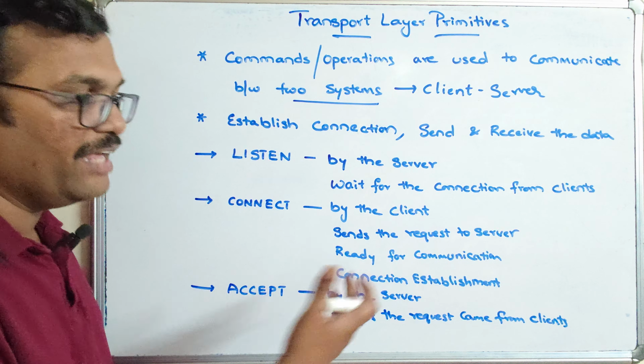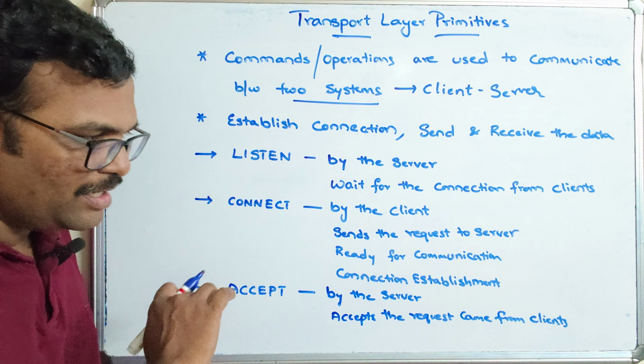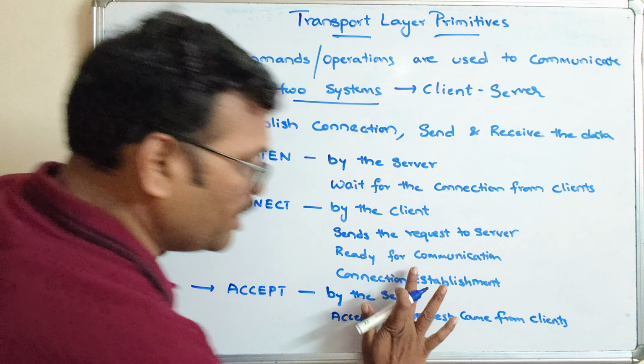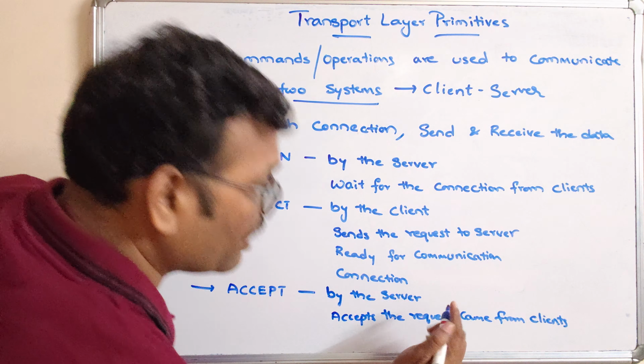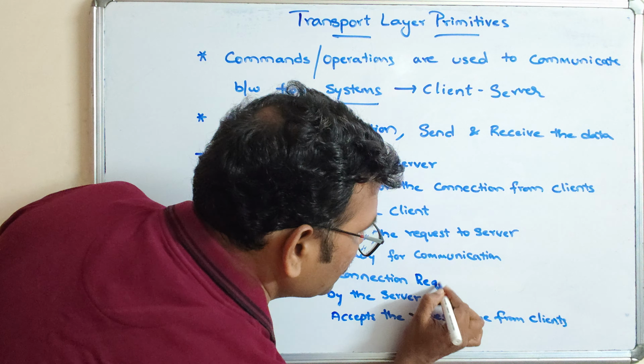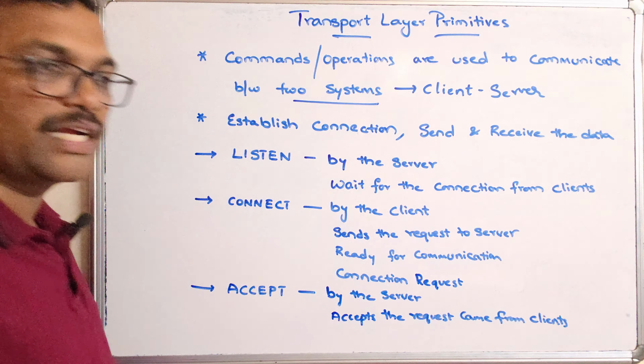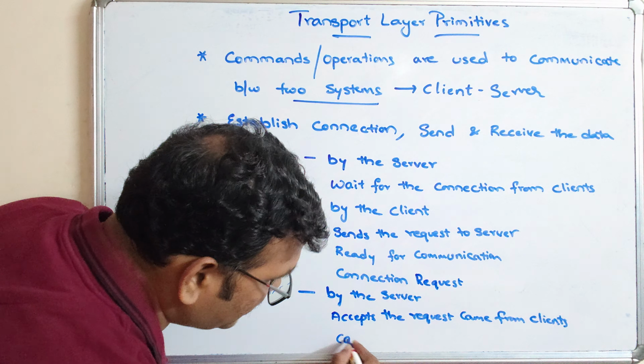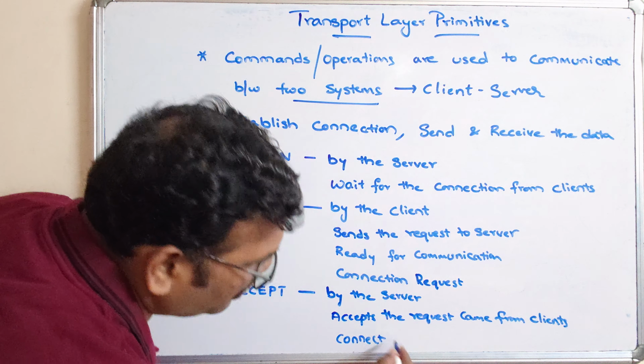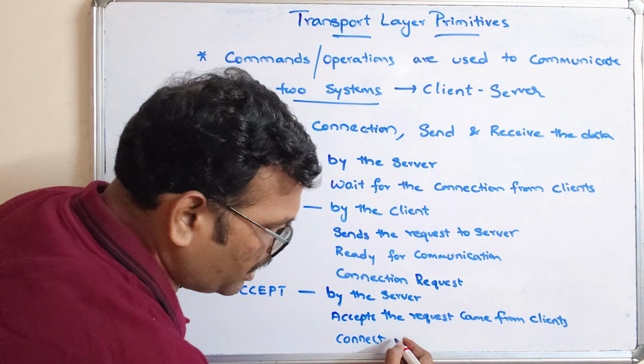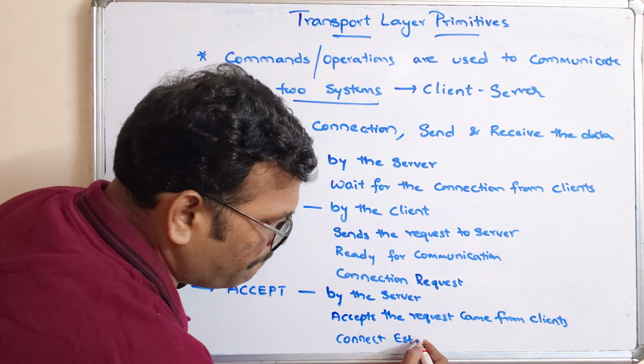So here it is a connection request, and here it is a connection establishment. Once the server accepts the connection, the connection establishment is done.